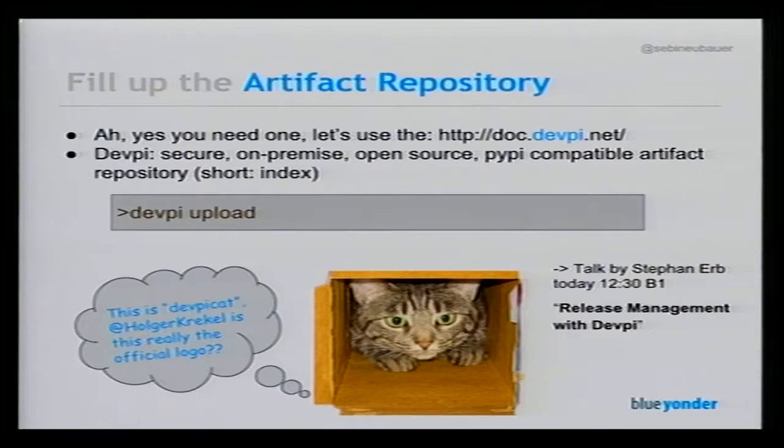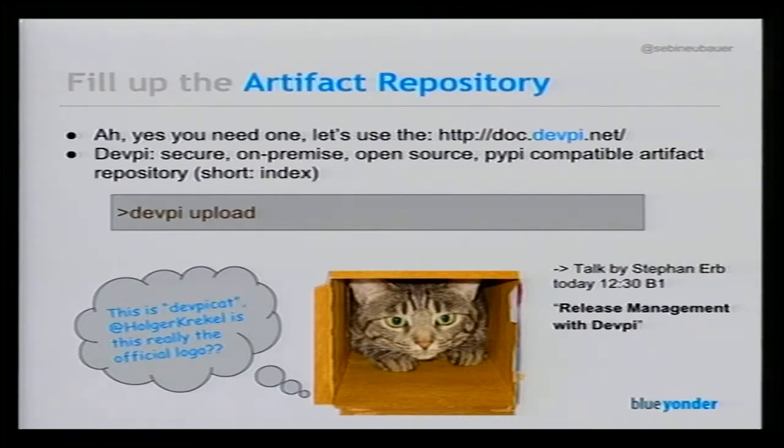Now it's time to fill up our artifact repository, and maybe I forgot to say you need an artifact repository. We use DevPy for this, and I think Holger is not here. No, so he gave the keynote this morning.